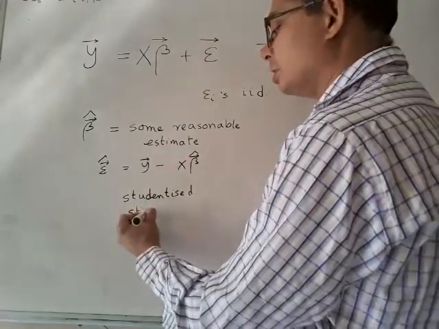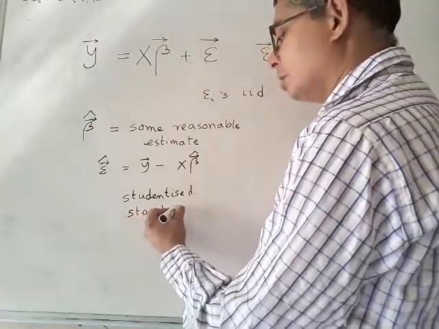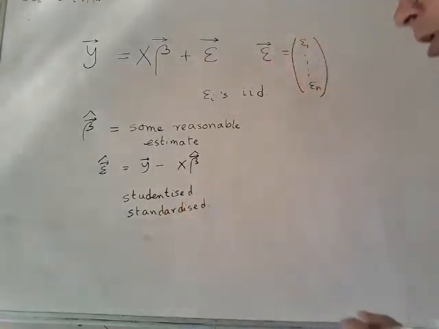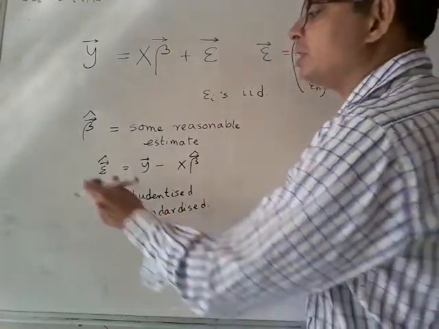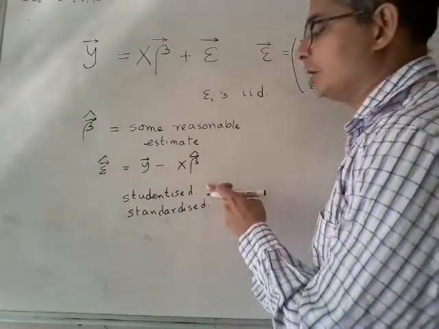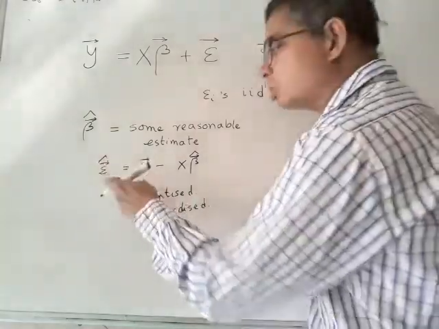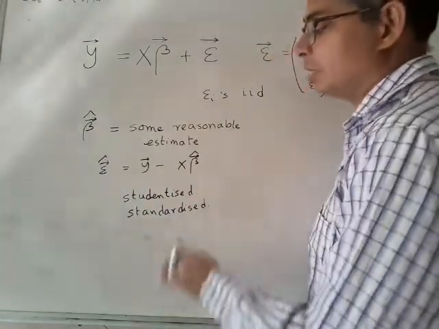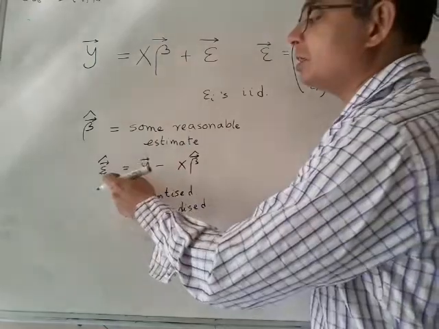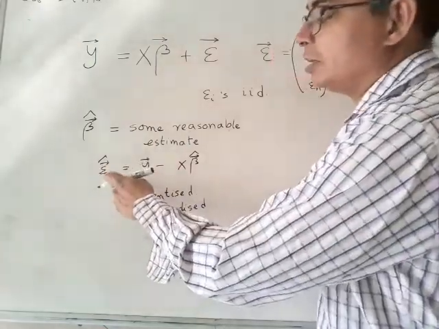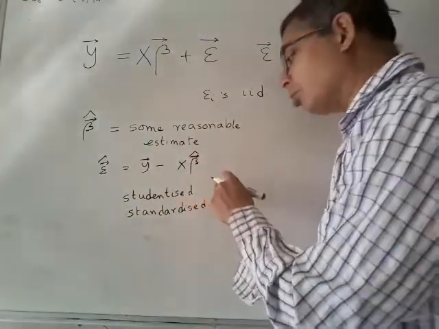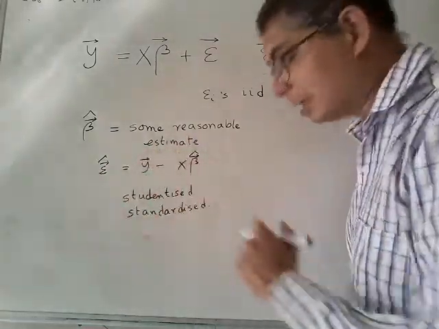Some people call it standardized, and there's no unanimity about the notation. Some people will say if I divide it by its estimated standard deviation, I should call it studentized. If I divide it by its true standard deviation involving a parameter, I should call it standardized. Some other books say if you are dividing it by an estimate of standard deviation based on all the other observations, then you call it studentized. So there are all sorts of chaos.